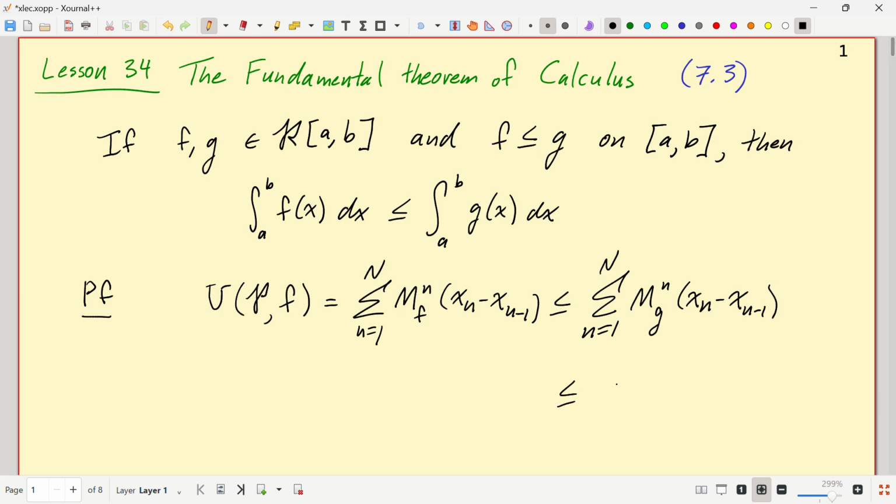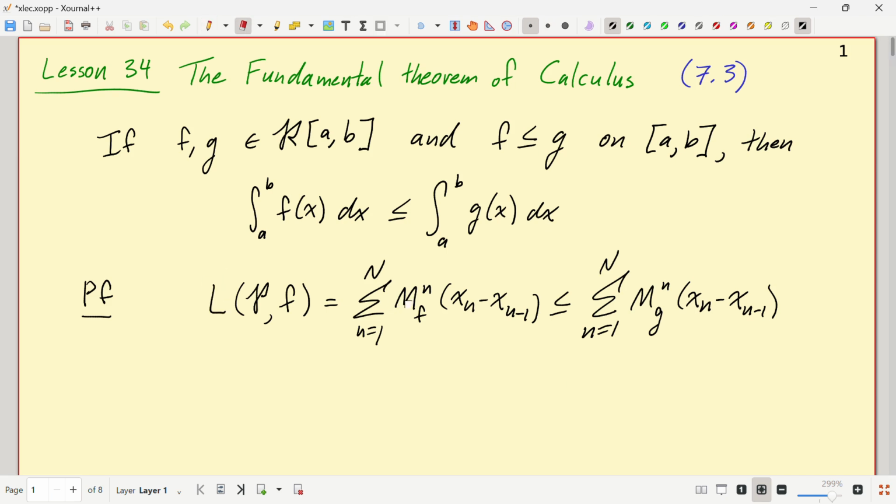And that's less than or equal to, well, it's not less than or equal to, let's see. Let me change this to L, the lower sum.